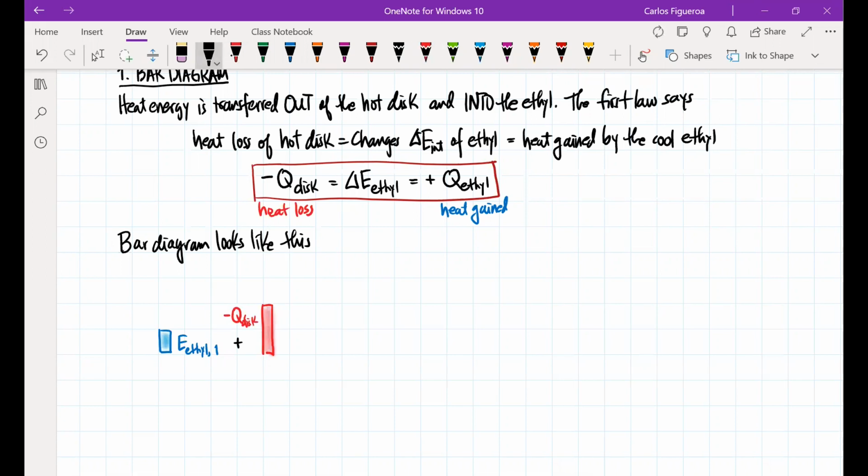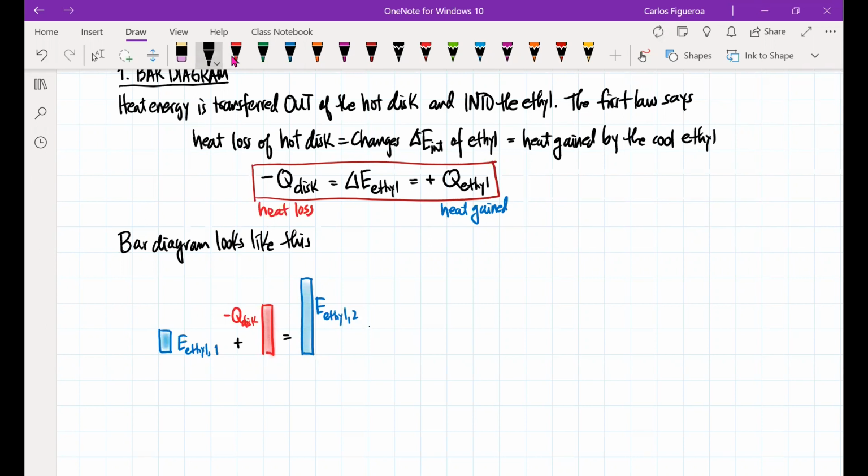And as a consequence, I now have an internal energy that has increased for the alcohol. So this here is the final internal energy of the alcohol, which is now higher.